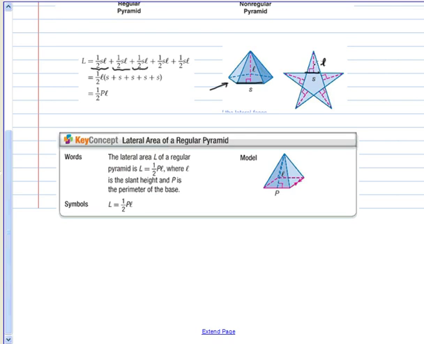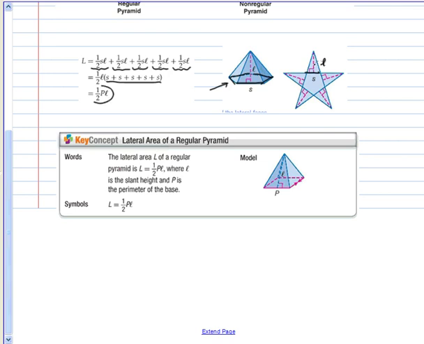Then they factored out 2 things, the 1/2 and the slant height, from each of them. So 1/2 L got factored out, and we left all the S's there that we could add together. And if you add all these side base edges together, that's called the what? Perimeter.